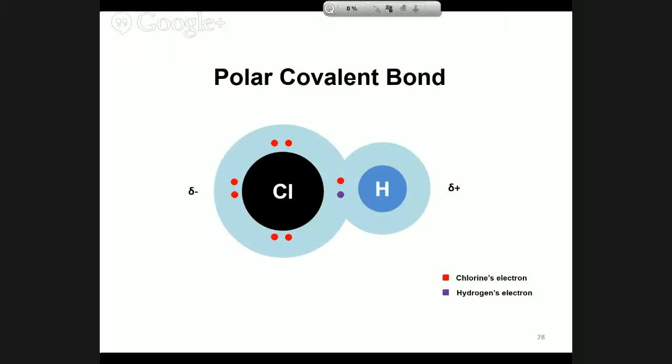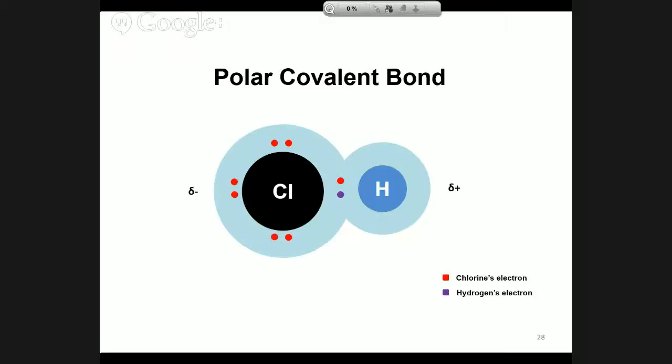This figure that looks kind of like a curly Q is a lowercase delta from the Greek alphabet. Delta negative means partial negative charge, and on the other side, delta positive means partial positive charge. Neither side has a complete charge, like the value of an entire electron or an entire proton. It's just a little bit more negative on one side than the other.